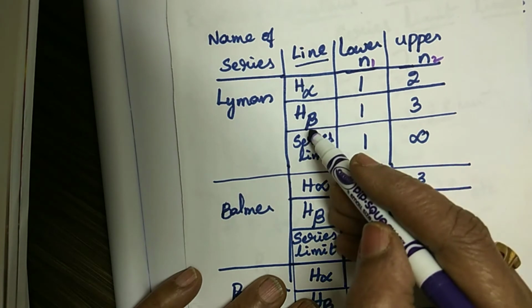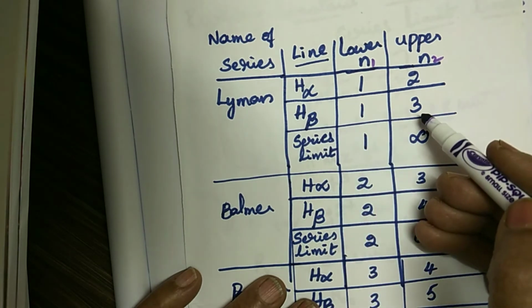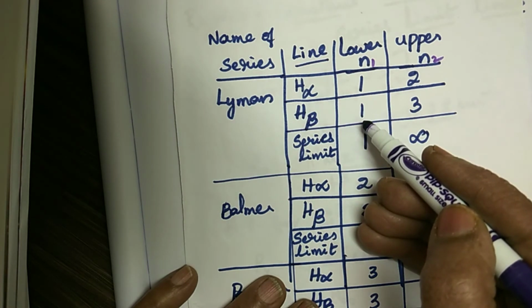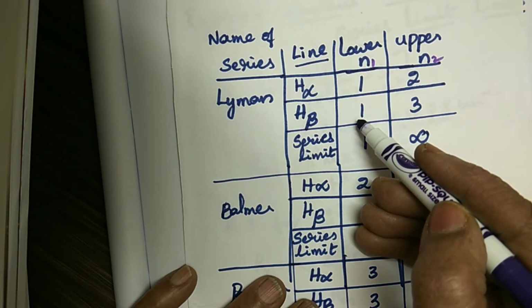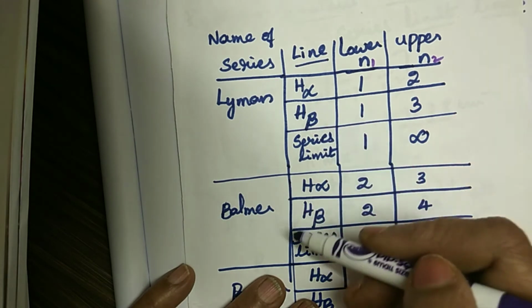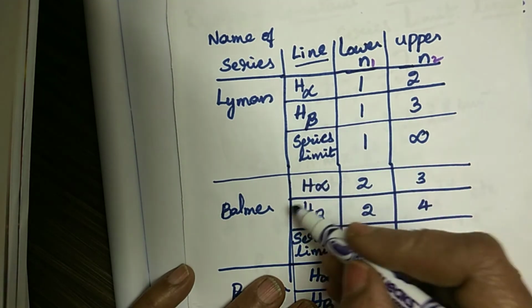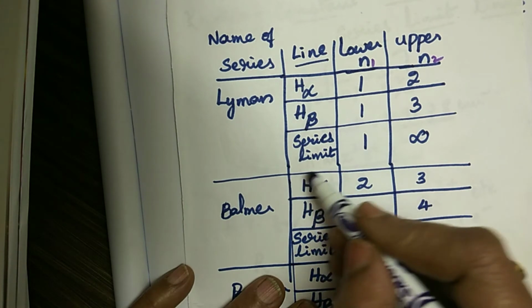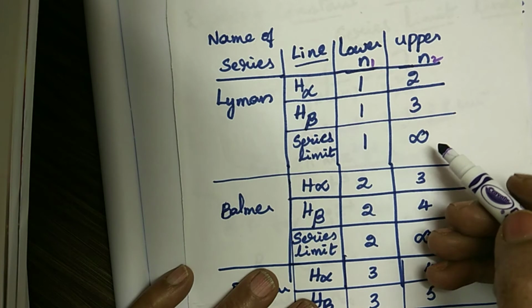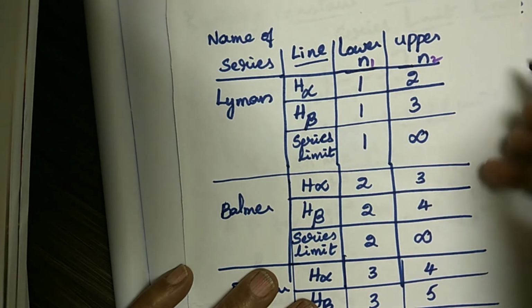So, the H beta line is if the electron comes from the third orbit to the first orbit, the line obtained by this kind of transition is known as the H beta line. Okay, and what is the series limit? Series limit is if the electron comes from the last orbit.